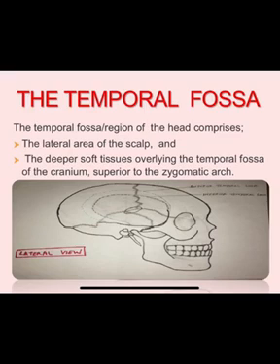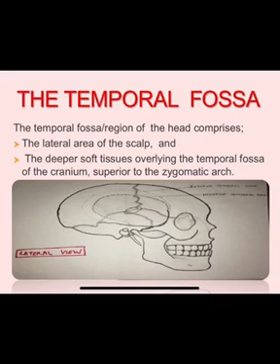Now, the temporal fossa or the temporal region is actually the lateral area of the scalp, and it contains deeper soft tissues that overlie the temple. The temporal fossa has deeper soft tissues that overlie the side of the cranium.